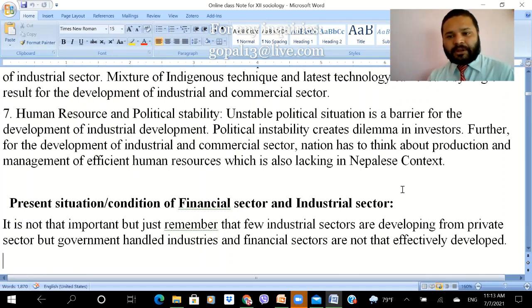Without proper and efficient human resource, we cannot get enough or efficient return from any investment that any individual would make. So there must be political stability, a clear and investor-friendly policy, and efficient human resource that would ensure the commercial and economic development of the nation.